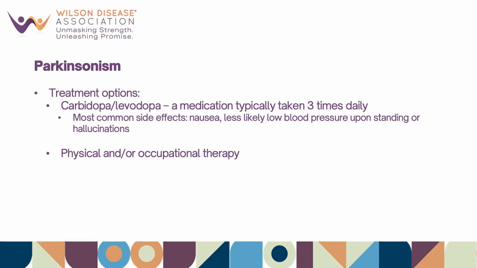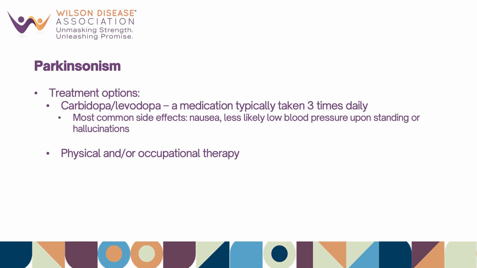Our treatment options: even when it's not Parkinson's disease, we often use the same medications to treat symptoms of Parkinsonism, even when it's caused by something else. So carbidopa-levodopa is a big mainstay medication for Parkinsonian symptoms, because damage to the basal ganglia can affect the dopamine circuitry within the brain.